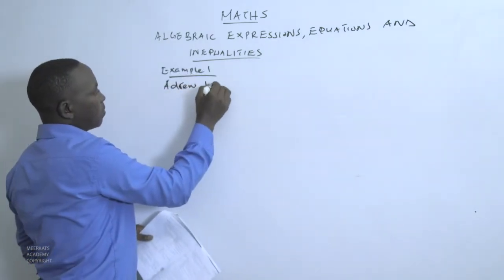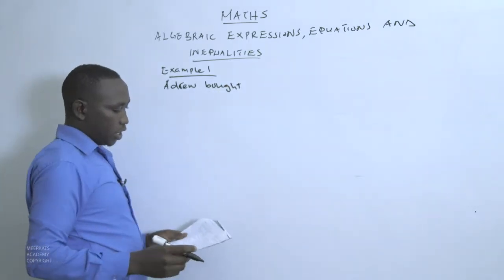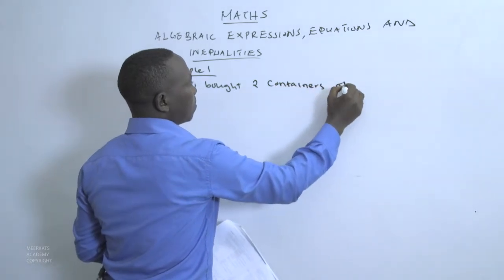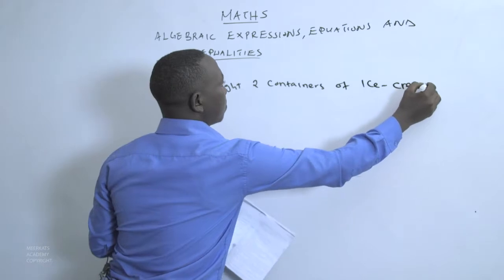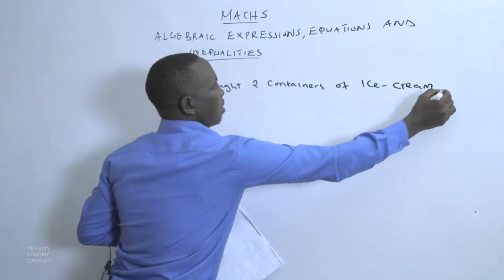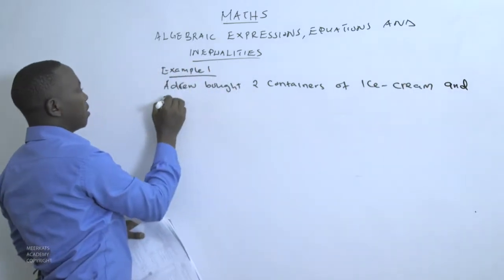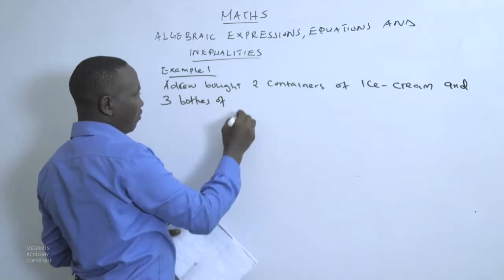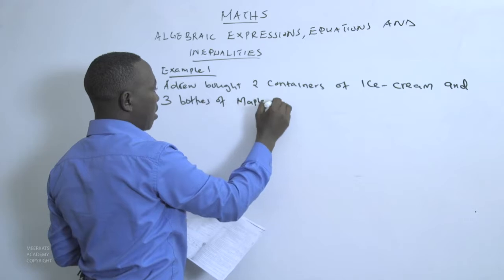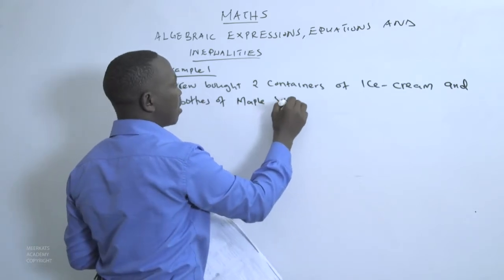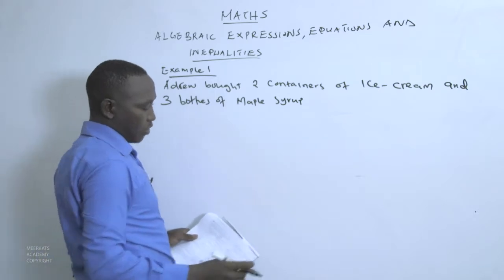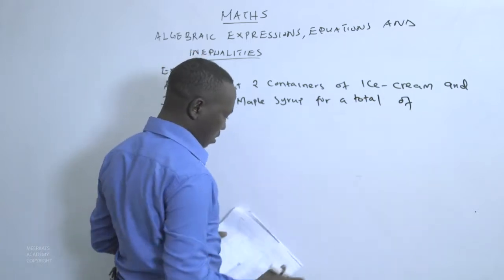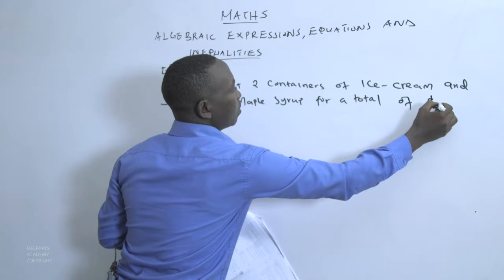Andrew bought 2 containers of ice cream and 3 bottles of maple syrup for a total of $22.